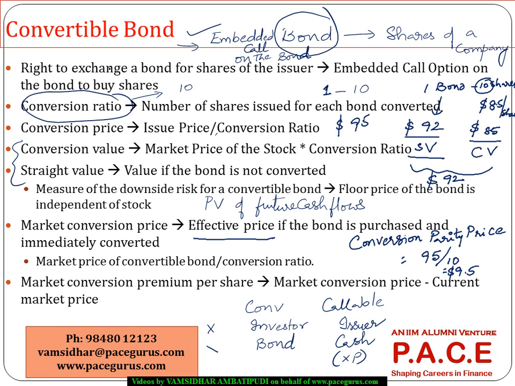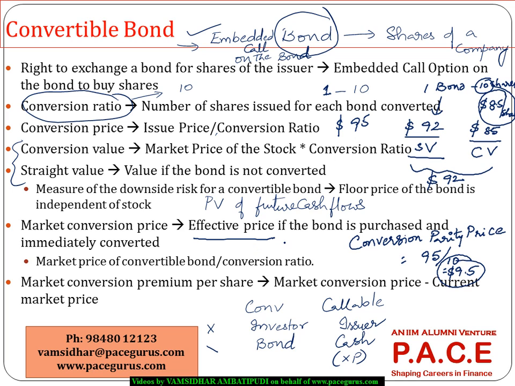Currently the share price is only $8.5, but the market conversion price is $9.5 per share, because I have taken the market price of the convertible bond divided by the conversion ratio, whereas the current share price is only 8.5.